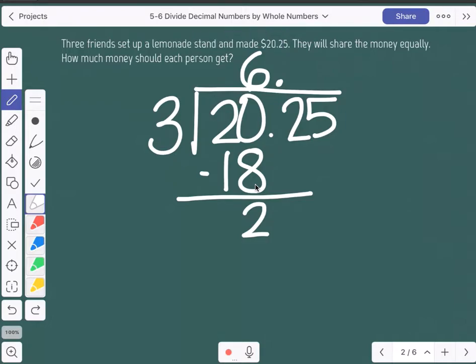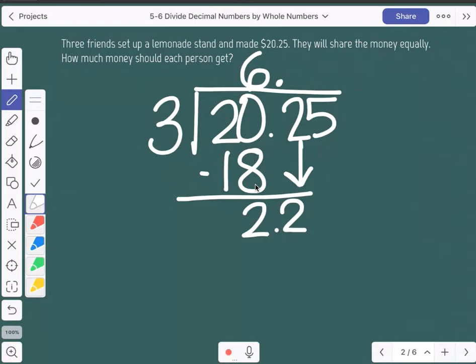My next step would be to bring down that 2. That 2 happens to be in the tenths place, so I'm bringing down 2 tenths. So I have $2.20 really. I could also look at that as 22 dimes.